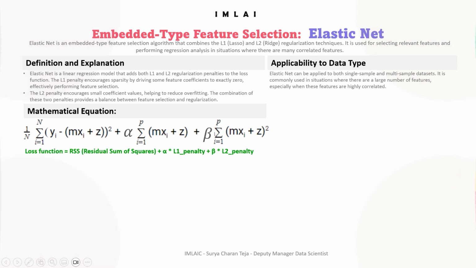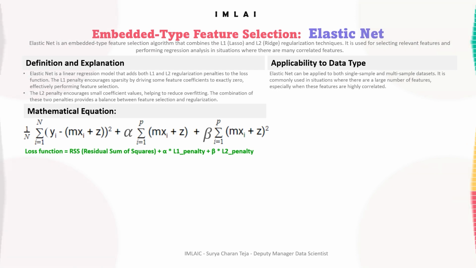Then comes the squared penalty term. The L2 penalty term, which is the ridge one, encourages small coefficient values, helping to reduce overfitting. So the combination of these two penalties, L1 and L2, provides a balance between feature selection and regularization.